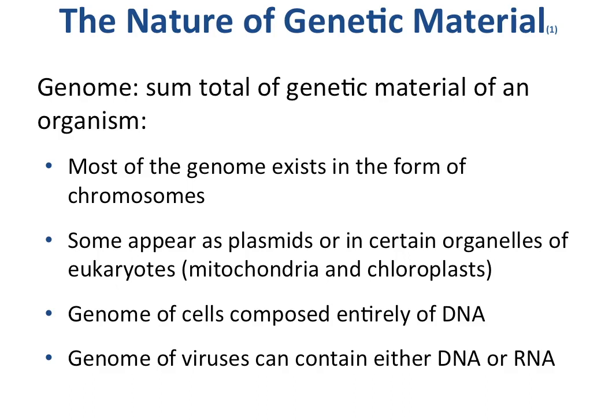For the eukaryotes, the genome means all the information in the entire DNA. For the virus, since the virus has two types, right? One is the DNA virus, another is the RNA virus. So the genome means the information on the DNA, either DNA or RNA.